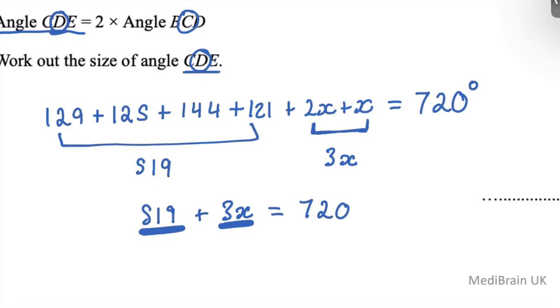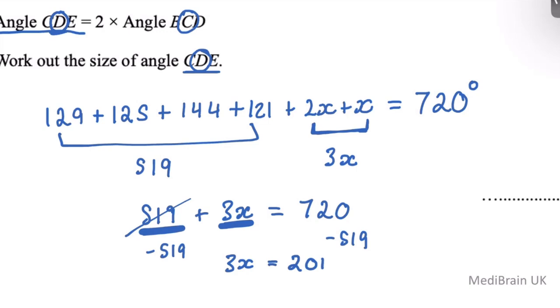So let's get rid of that 519 first. We're going to subtract 519 from both sides to get rid of it. We're left with 3x on this side, equal to 720 subtract 519, which gets you an answer of 201.